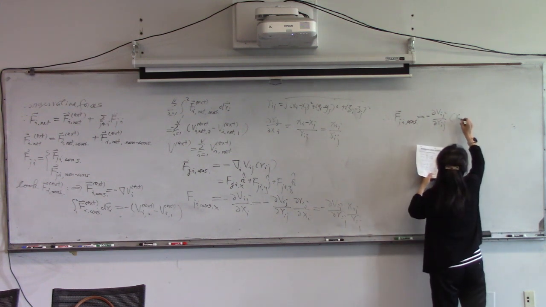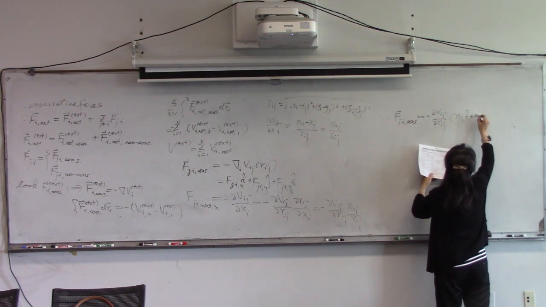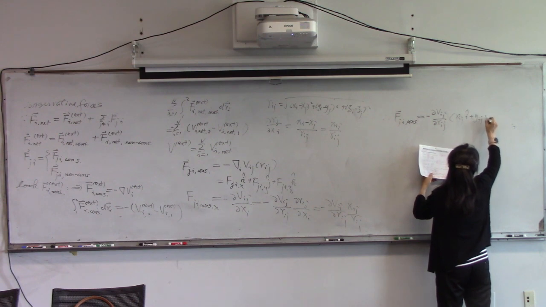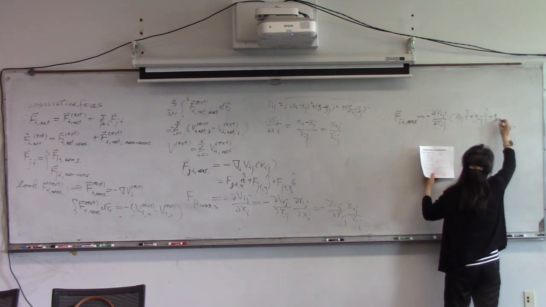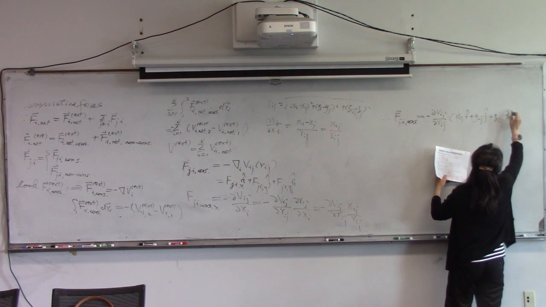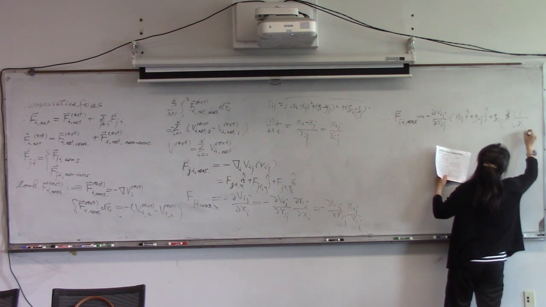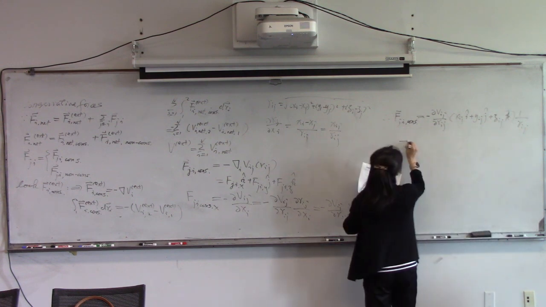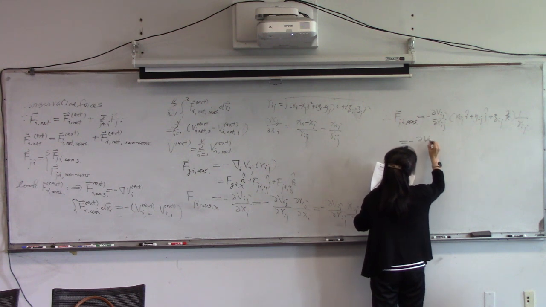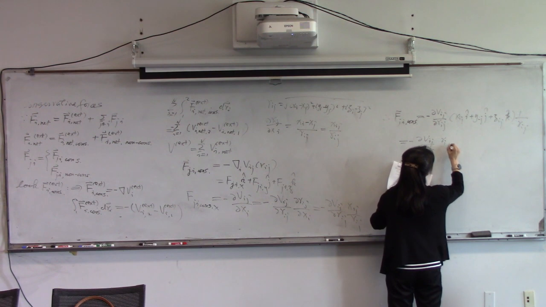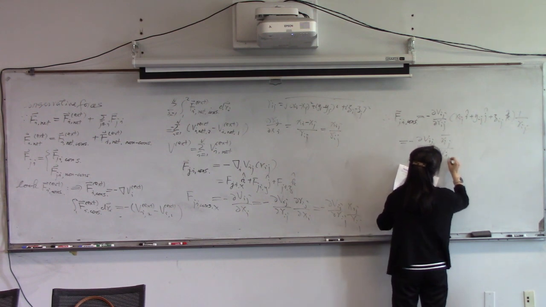And then it's x_ij i plus y_ij j plus z_ij k, times 1 over R_ij. And this is nothing but partial V_ij over partial R_ij times the unit vector of R_ij.